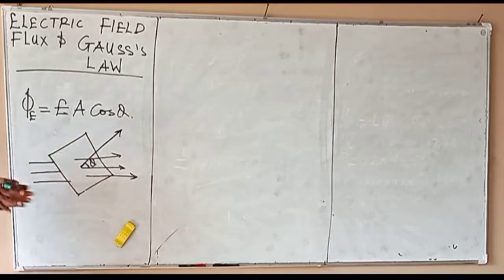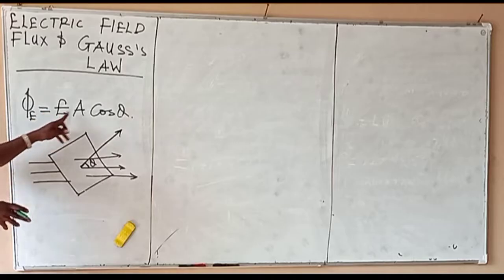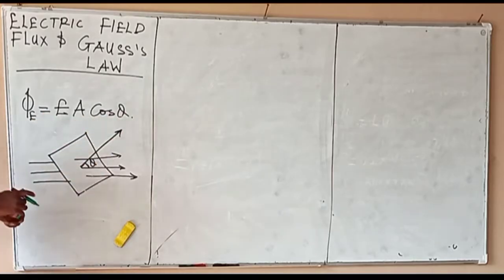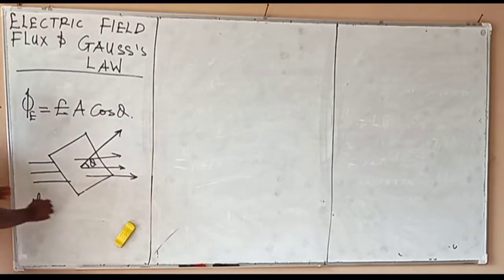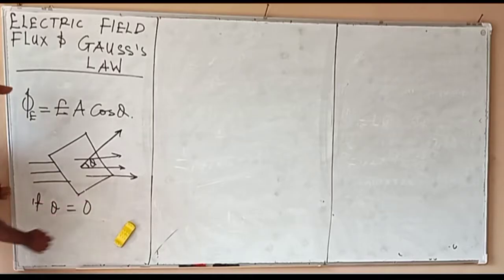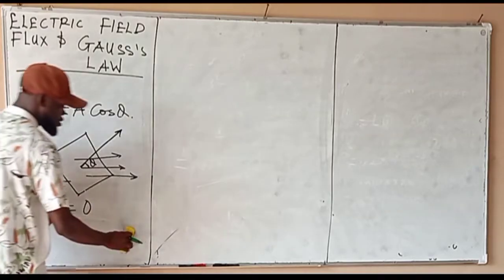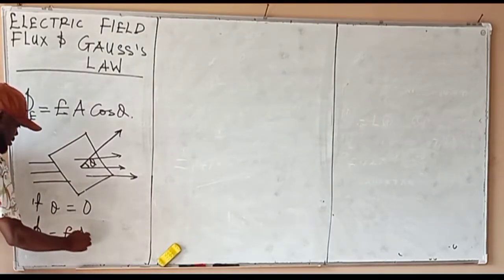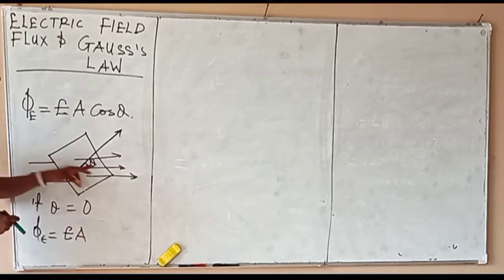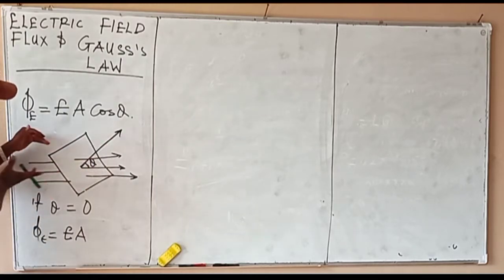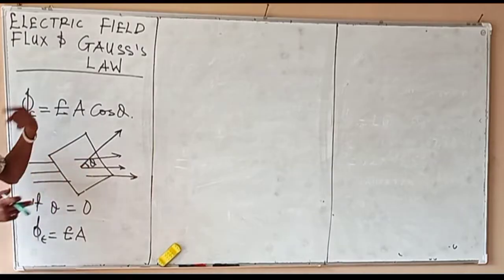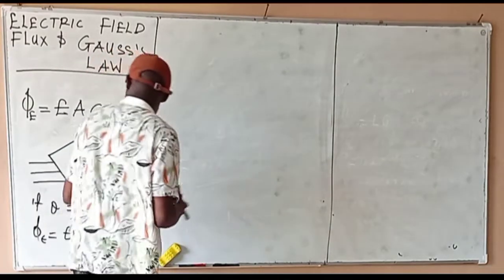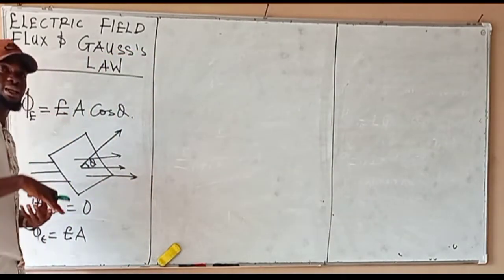So generally, if you want to define the electric flux, just take your E times A cos theta. If theta is equal to 0, then the flux will be equal to E times A. That means the field lines will be making an angle of 0 to the perpendicular line to that surface.